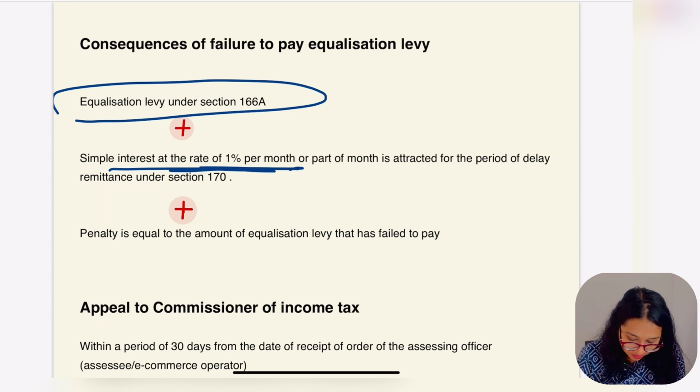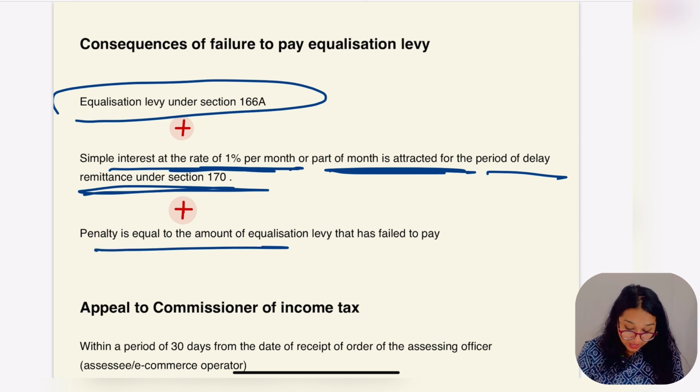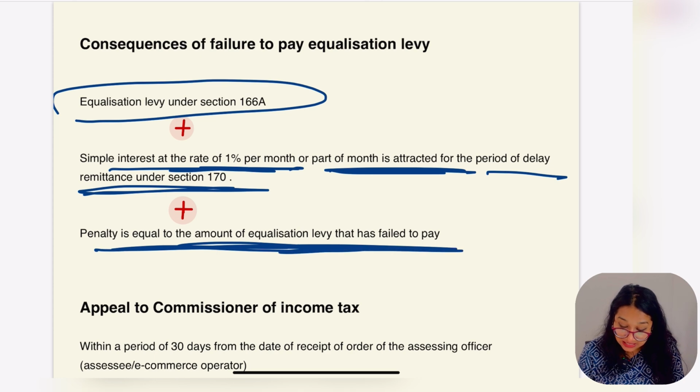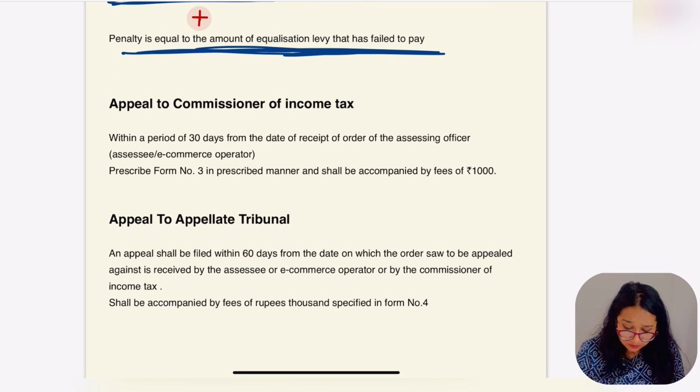Simple interest of 1% per month or part of the month is attracted for the period of delay of remittance under section 170. And one more, a penalty equal to the amount of equalization levy that has failed to be paid. Is this clear?